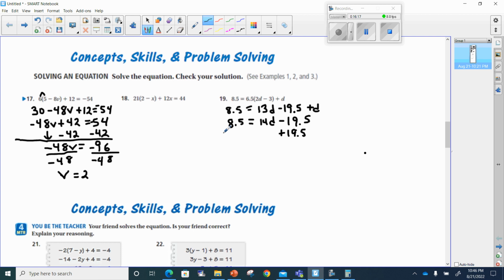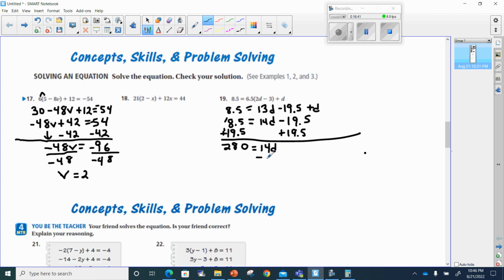Whatever I add to one side, I add to the other. This is 0, carry the 1. This is going to be a 9, 18, carry the 1. Looks like 28. And that's going to equal 14d.